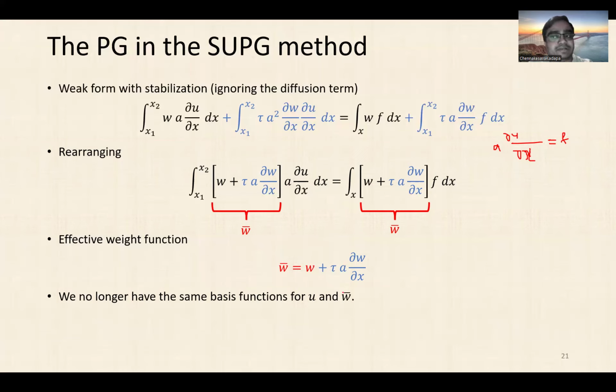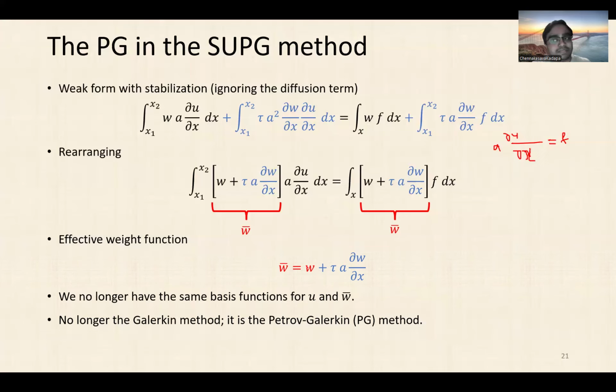In the Galerkin method, we take the same basis functions for the solution field and the test function. But in this case that criterion is not satisfied. So what we now have is the Petrov-Galerkin method, in which the basis functions for the test function and the solution can be different. That is the difference between the Galerkin and Petrov-Galerkin methods.